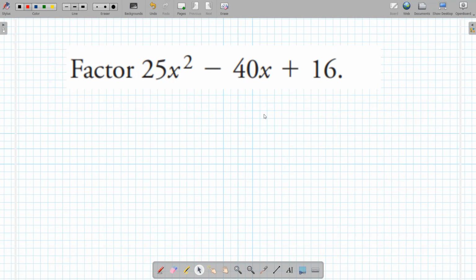All right, let's look at this. Again, the goal is to factor, but you'll see that this one's gonna be a little bit special. How do we start with this one?